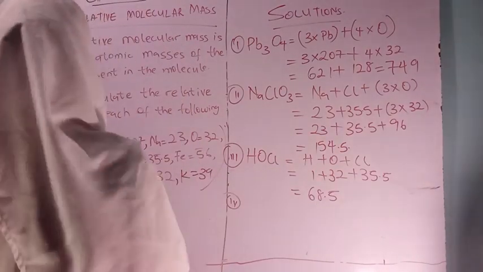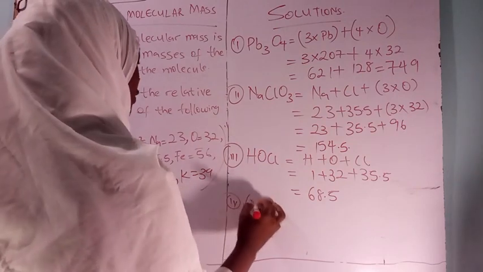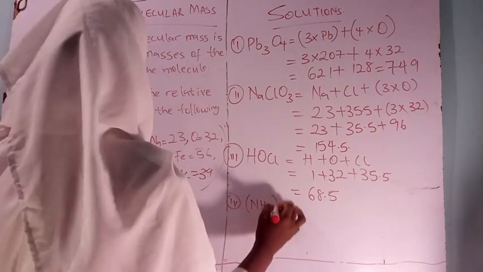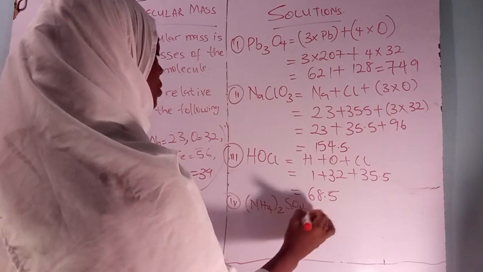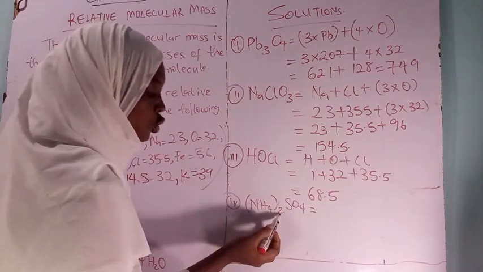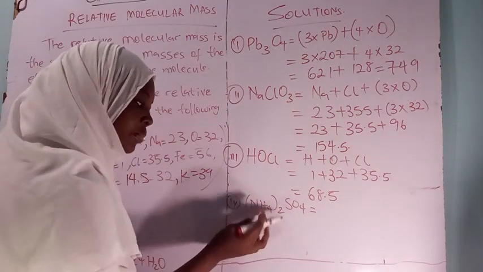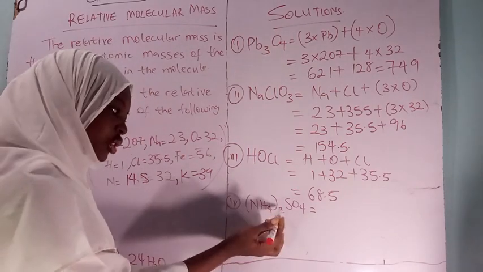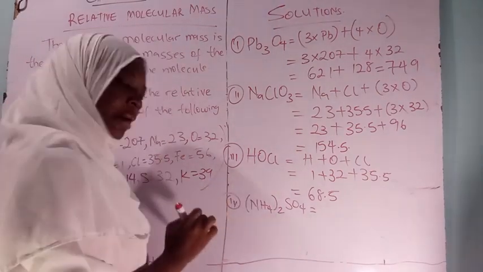4. Ammonium sulfate. From this ammonium sulfate, you can see that ammonium is inside these brackets. That means 2 times ammonium.